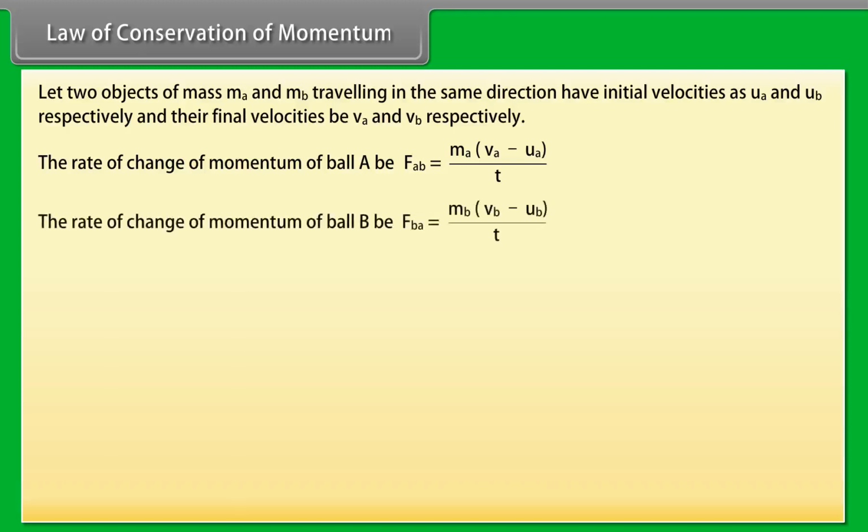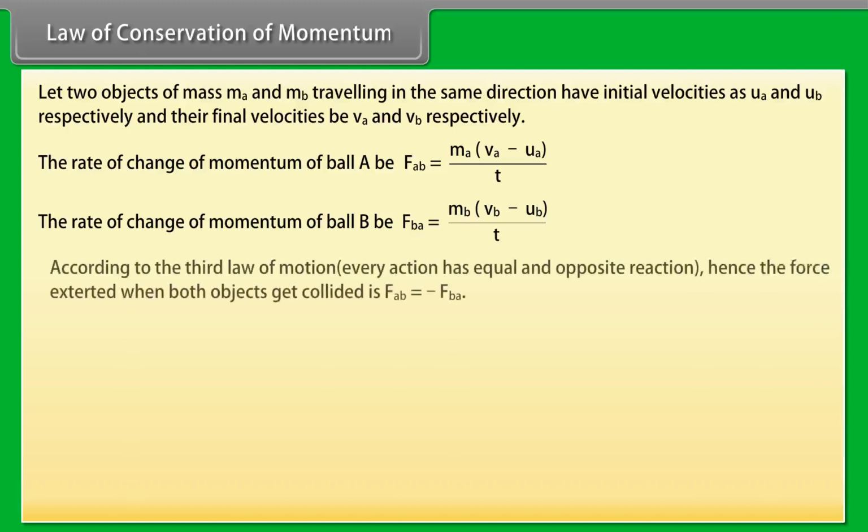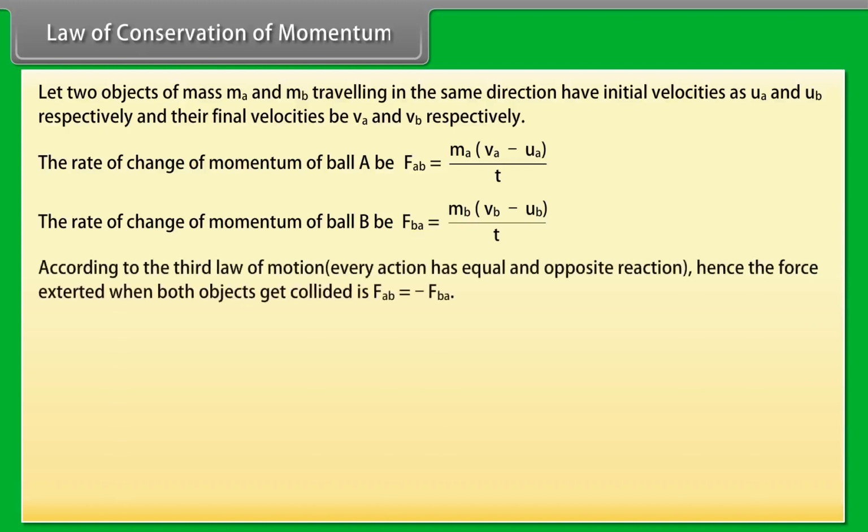The rate of change of momentum of ball B, FBA, is equal to mB into (vB minus uB) upon t. According to the third law of motion, every action has equal and opposite reaction. Hence, the force exerted when both objects collide is FAB equals minus FBA.